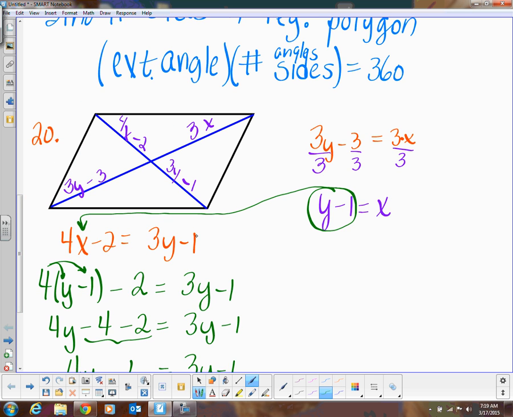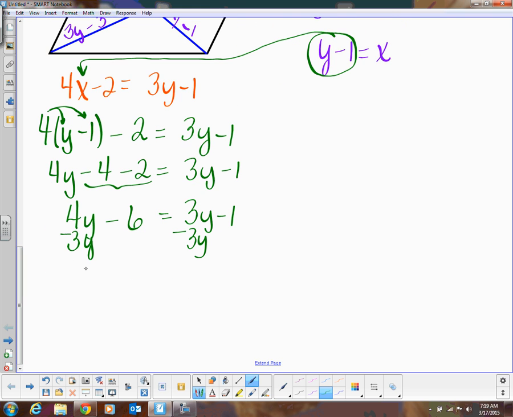The equation is 3y minus 1 when you substitute it. We substituted the y minus 1 in for x, not for y. With me? Am I good? Okay. So we've got y minus 6 is equal to negative 1. What do you do next, Brittany? So y is equal to? We're going to add 6.